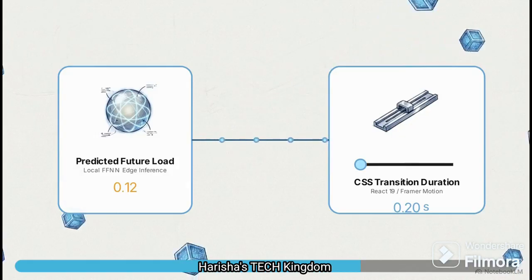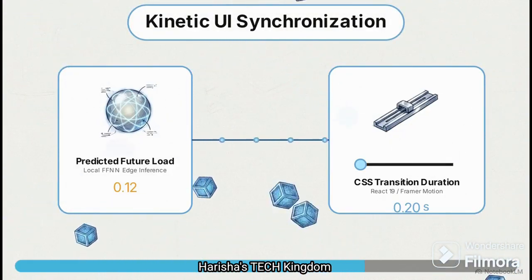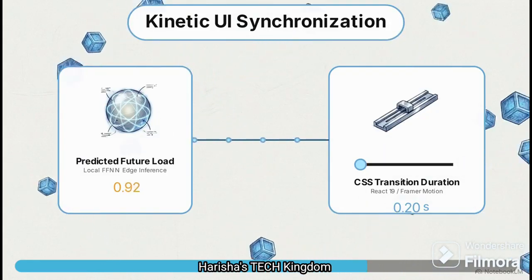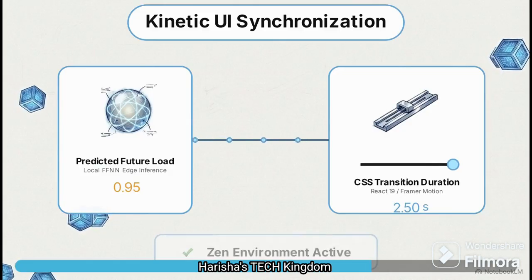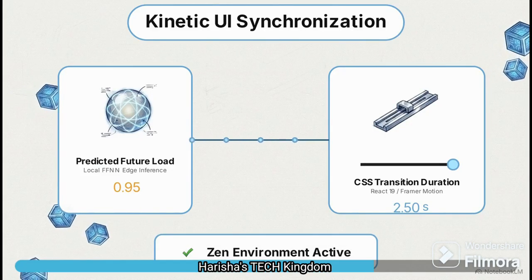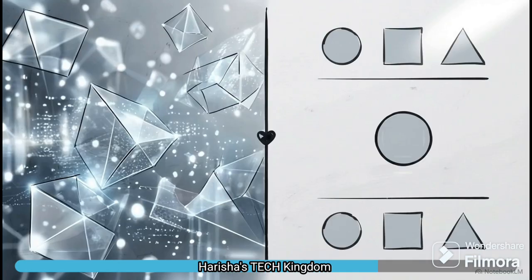The interface motion literally decelerates to create a calming environment during moments of high cognitive stress. As the predicted future load score spikes, the system automatically increases transition durations, visibly slowing down UI motion to prevent further overstimulation. High telemetry spikes can also trigger dynamic theming, swapping a complex glass-style interface for a minimal Zen theme that emphasizes negative space and muted tones.